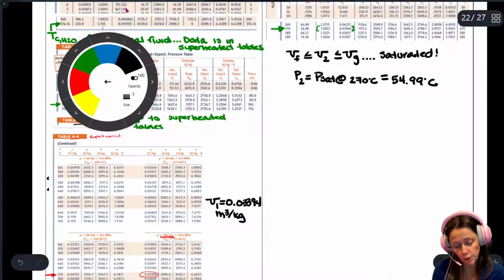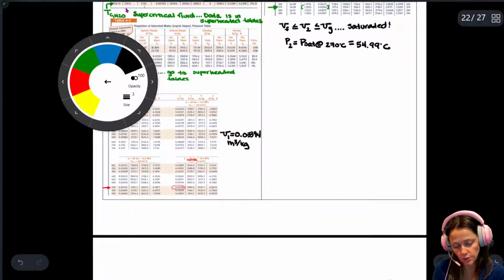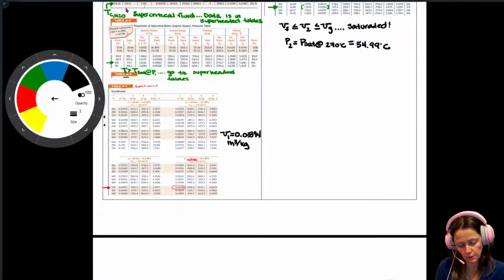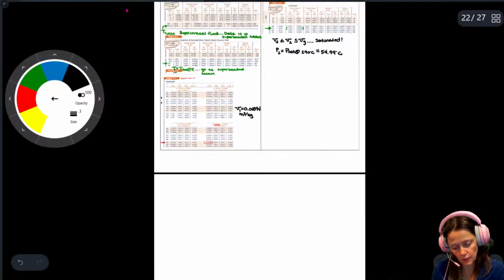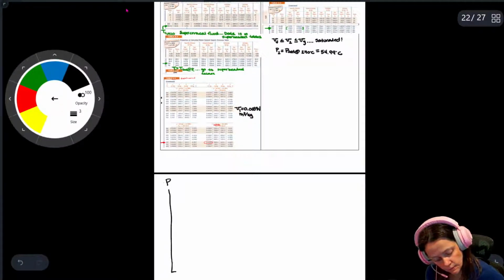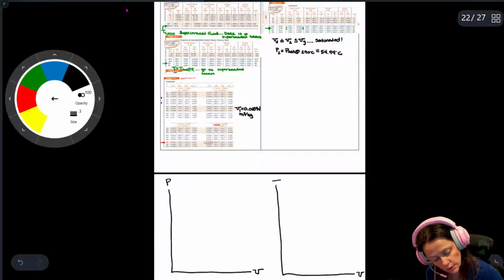Okay, so I've got enough information here to draw things on my PV and a TV diagram. So I'm going to do that now. Here's my PV. It's a TV.